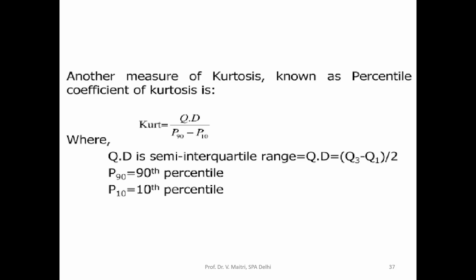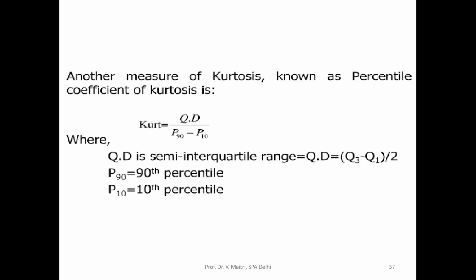Another measure of kurtosis is also known as the percentile coefficient of kurtosis. So we know that the kurtosis is QD divided by P90 minus P10. What is QD? QD is nothing but the semi-interquartile range. It is equal to Q3 minus Q1 divided by 2. We have already done it.